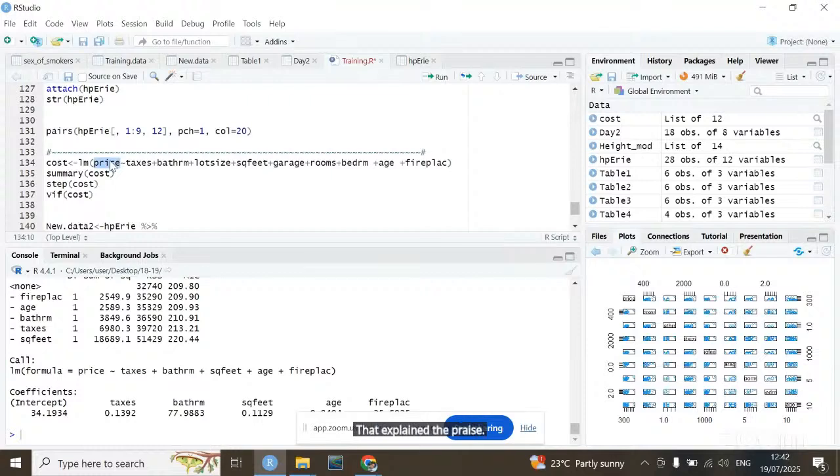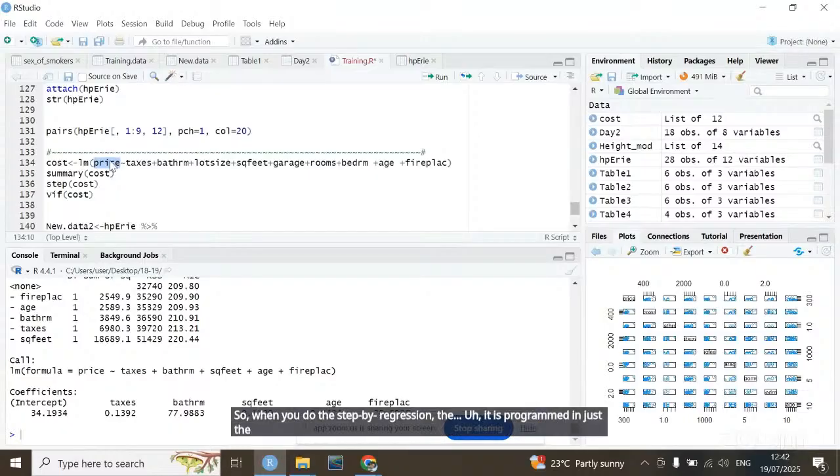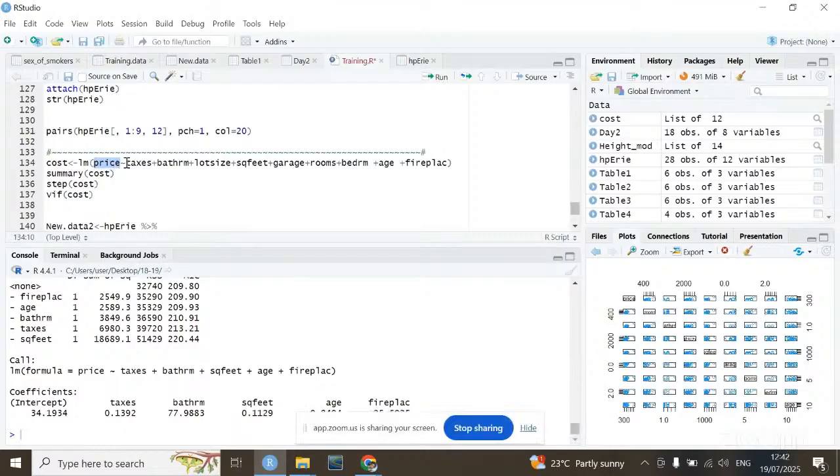When you do the stepwise regression, it is programmed in such a way that the computer will do step-by-step analysis, selecting and comparing which factor has more impact on our variable. Then it compares all the other formulas, and it comes out with only one equation.